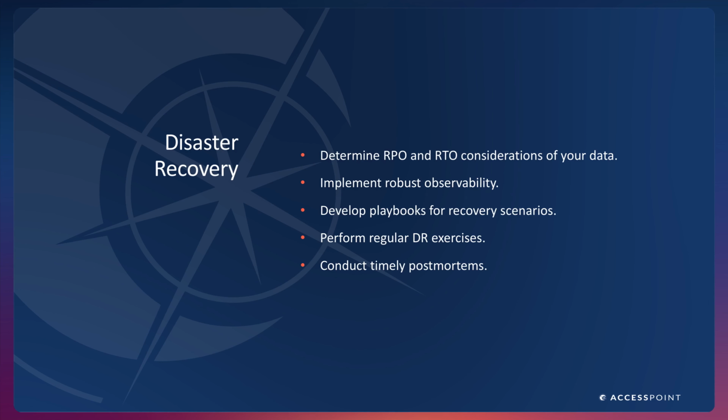We already touched on robust observability, but this actually comes into play quite a bit with detecting when a disaster occurs. Understanding and getting alerting from your services and your systems when something may have occurred that you aren't expecting.